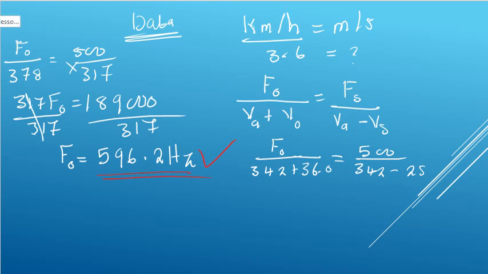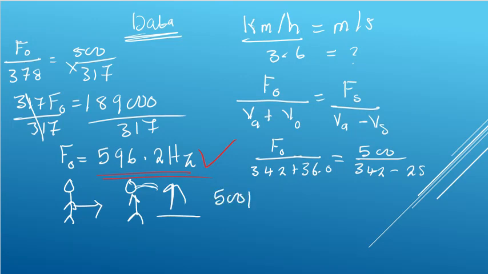Why? Because remember in my explanation I mentioned that when you have this person here and this person here, whenever you are moving in this direction, the frequency of sound that this person is going to be hearing will be increasing. So in the first place we had 500 Hz.